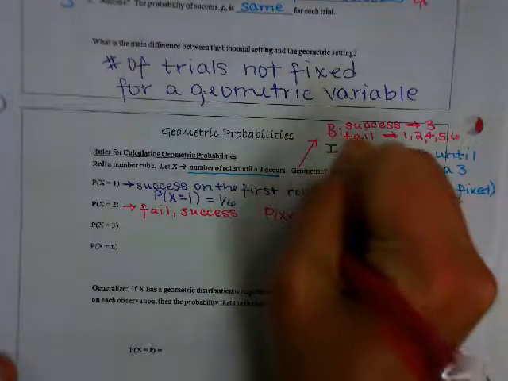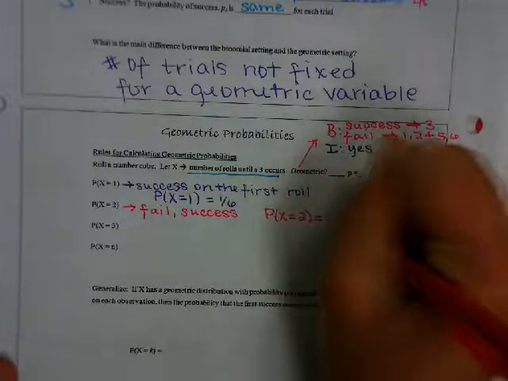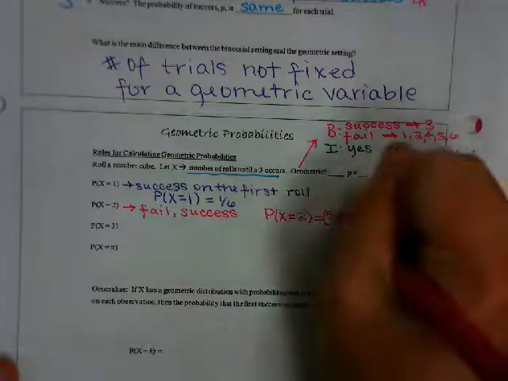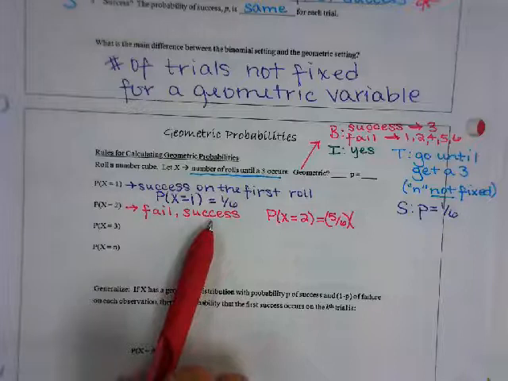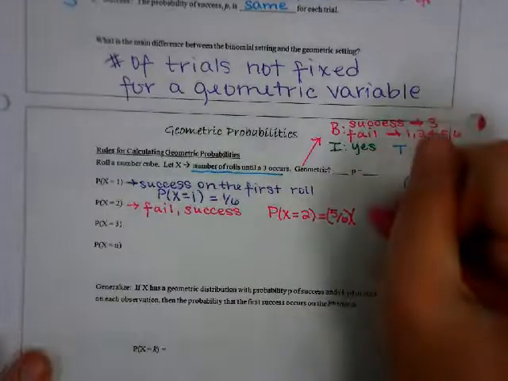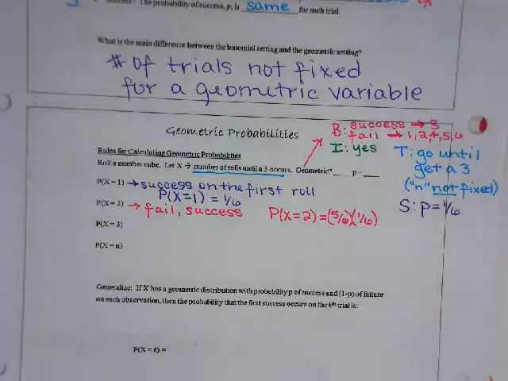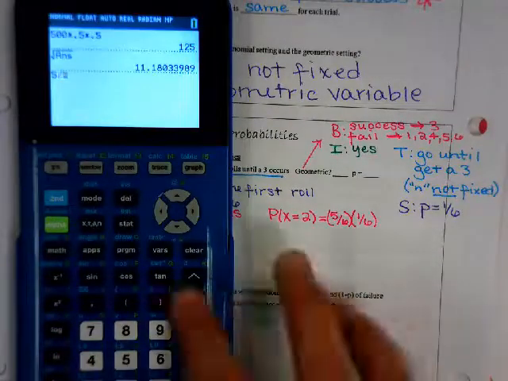And because of the independence, I can multiply my probabilities. And then the probability I get a 3 is 1 out of 6. So the probability that it takes 2 rolls to get a 3 would be 5/6 times 1/6, which is 0.139 if I round.